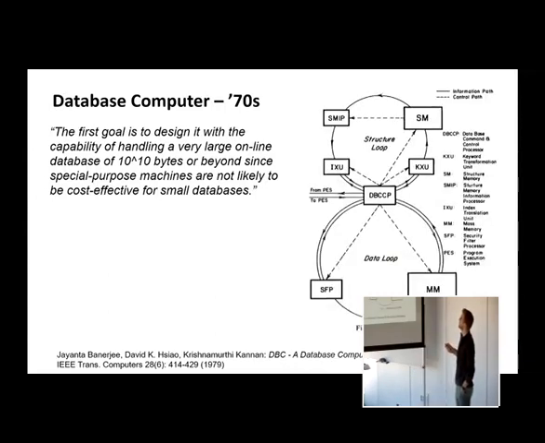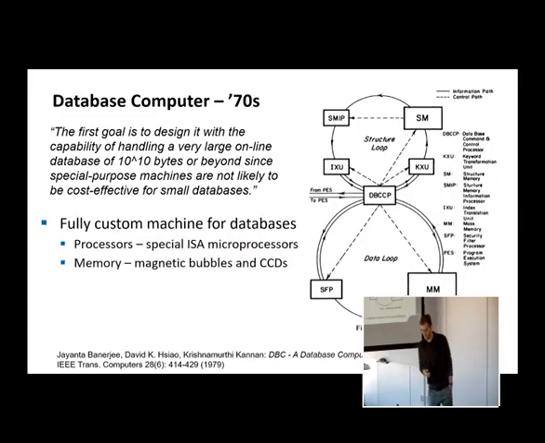So what they designed is something which looks like this. You don't really need to go into the details. They have a bunch of custom microprocessors here, and the data is moving in some patterns. They really designed this from scratch, so they designed the microprocessors which do exactly these things. They used the newest and coolest tech available at that time: magnetic bubble memories and charge coupled devices.